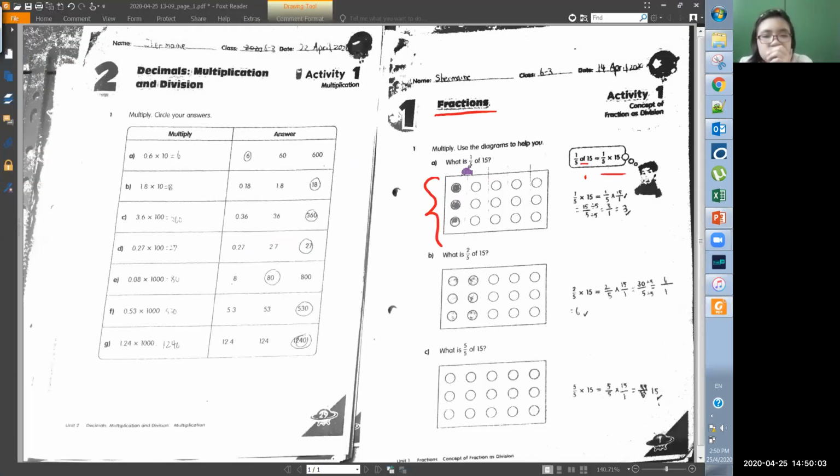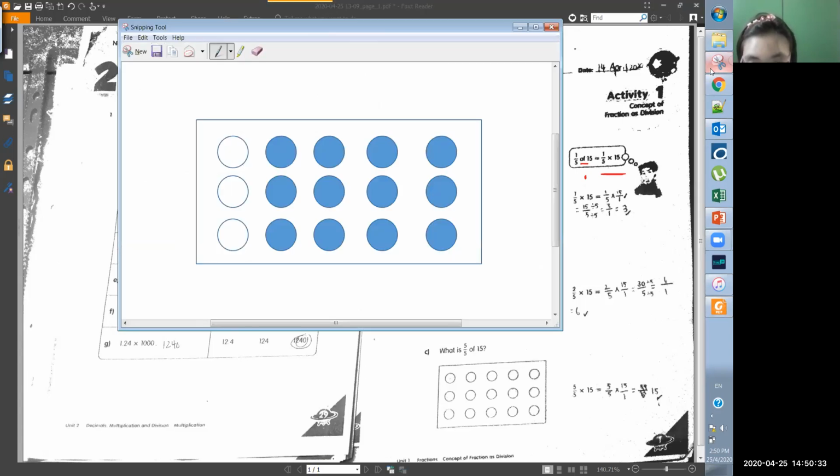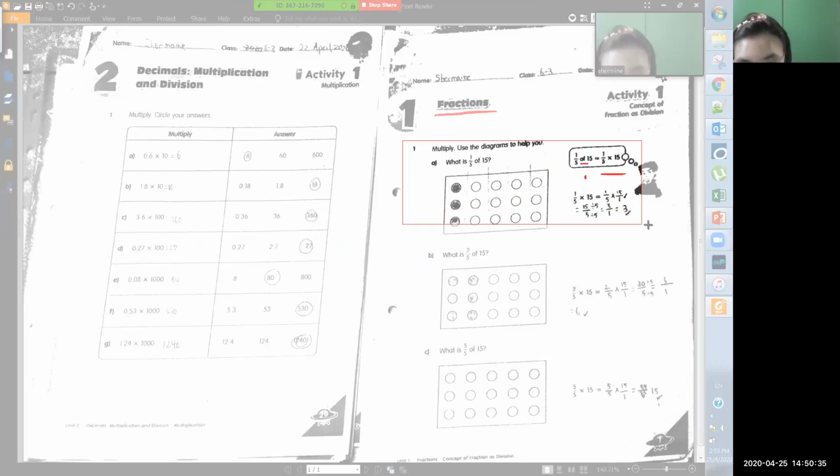here, so how many columns are highlighted? One column. One column is highlighted, right? So one of how many columns are highlighted in this case?